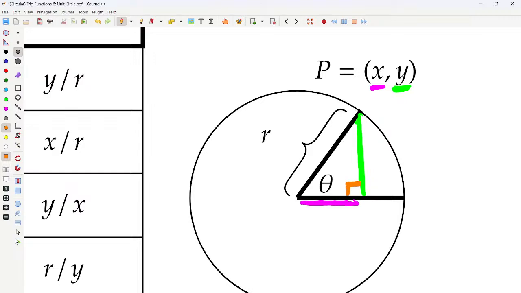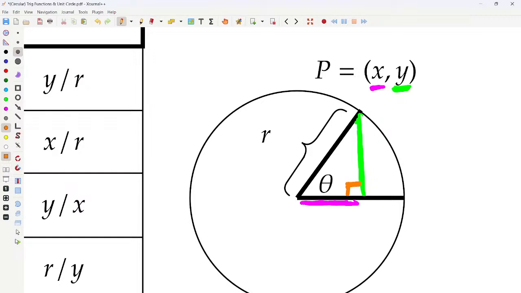If you remember SOHCAHTOA, this was adjacent, that was hypotenuse. Adjacent, hypotenuse. If you remember SOHCAHTOA, that's opposite, and that's hypotenuse. And if you remember tangent, opposite over adjacent. If not, that's what right triangle trig is, but it actually just stems from this picture anyways.